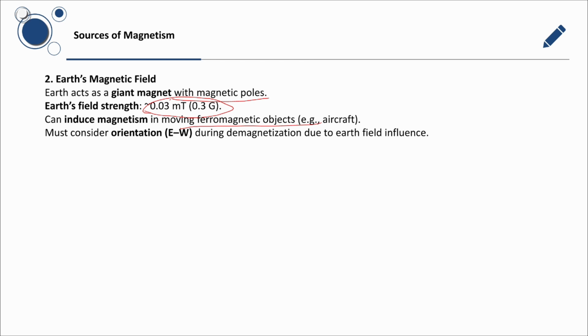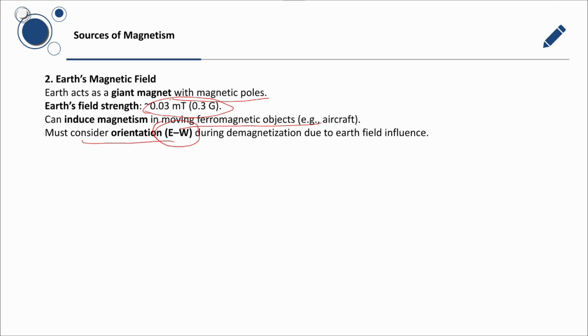This is also why we sometimes need to consider the east-west orientation during the demagnetization process to counteract the Earth's influence.